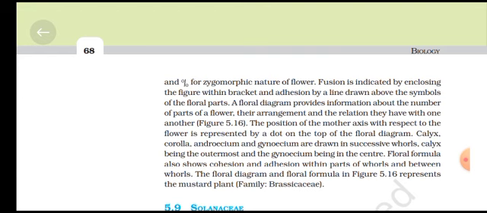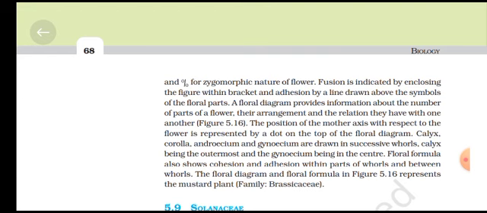A floral diagram provides information about the number of parts of a flower, their arrangement and the relation they have with one another. The position of the mother axis with respect to the flower is represented by a dot on the top of the floral diagram.